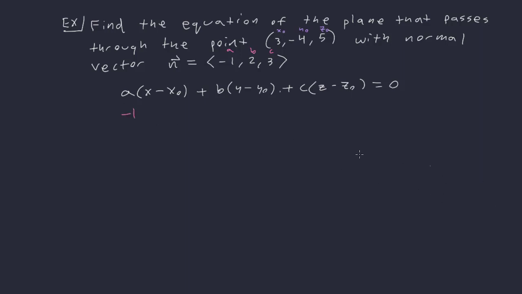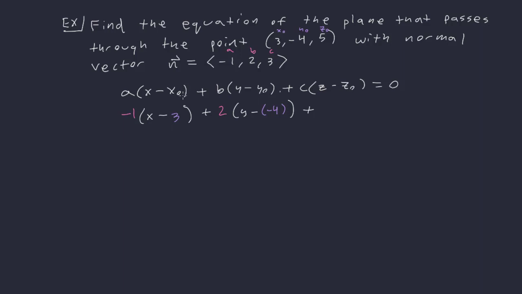Right? It will be negative 1 times x minus x naught, which is, in this case, 3. All right, then it'll be plus b, which is 2, times y minus y naught, so that will be a negative 4. I'm writing this way more explicitly and redundantly than I probably should, just to get the point across that just like when you're finding the equation of the line, with finding the equation of the plane, you leave the x things, the y things, and the z things alone.